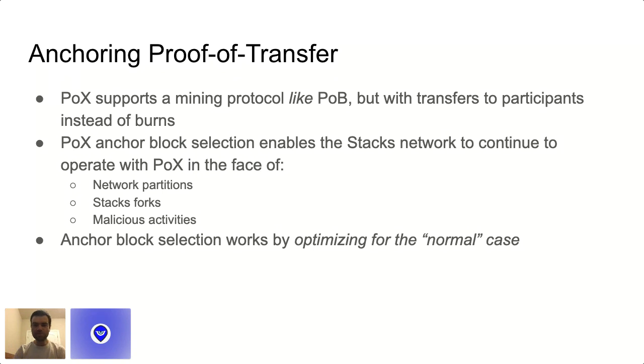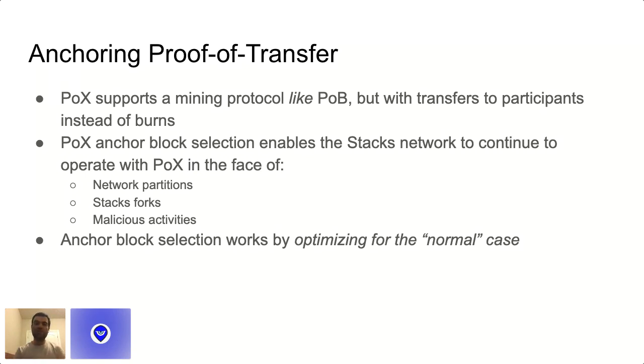Question. Okay, we also have a question from Pascal. If a miner does not mine off the PoX anchor, is there a possibility that some stackers won't get transferred a reward? That's correct. The reward set for a given reward cycle is traversed in order in each sortition.